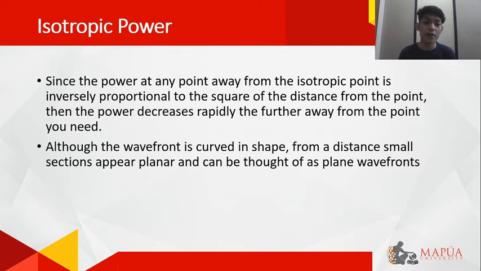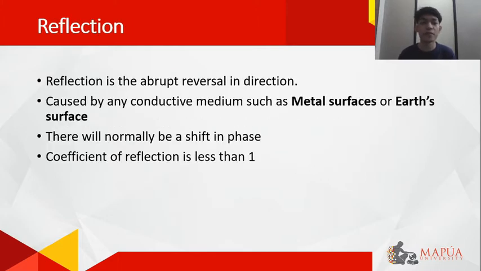Isotropic power: since the power at any point away from the isotropic point is inversely proportional to the square of the distance from the point, the power decreases rapidly the further away from the point you go. Although the wavefront is curved in shape, from a distance, a small section appears planar and can be thought of as a plane wavefront.